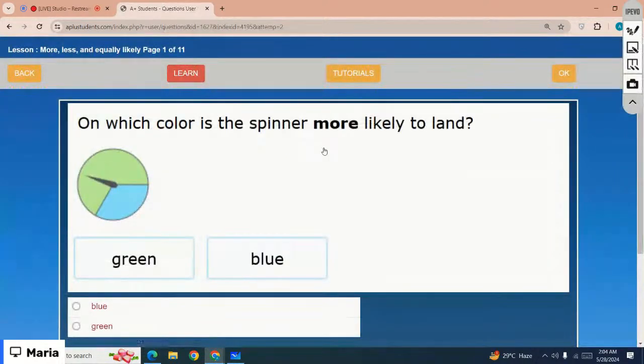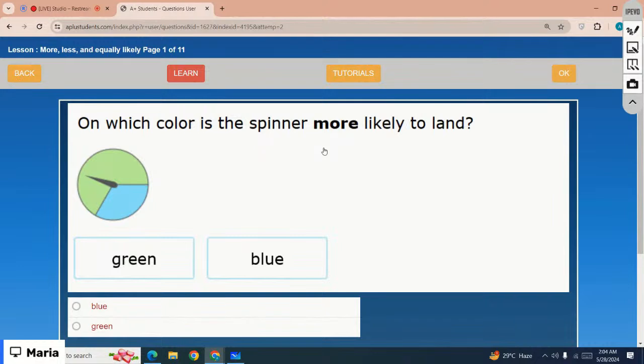On which color is the spinner more likely to land? So the spinner has two colors, green and blue, right? The more portion is green, the less portion is blue. So it will more likely land on the color that has the more portion. Which one has the more portion? The green one, right?